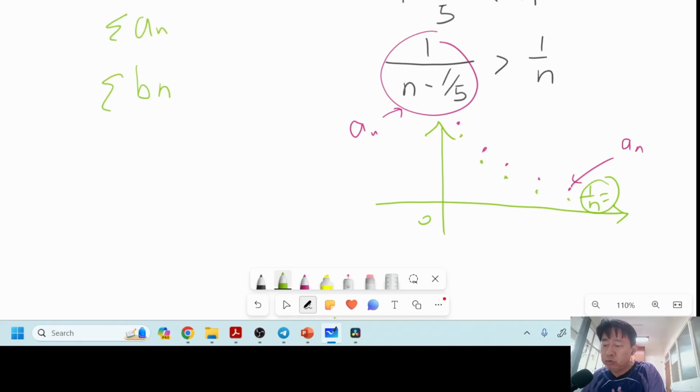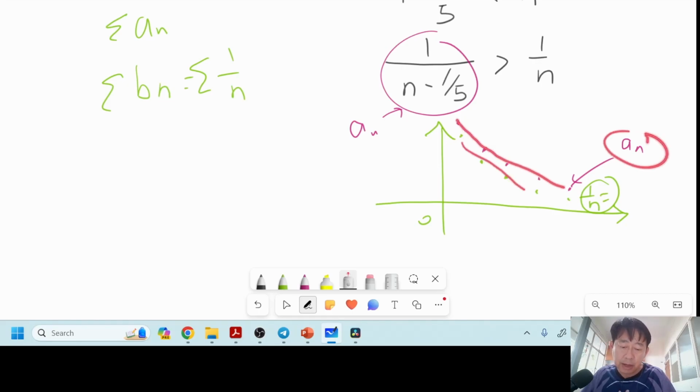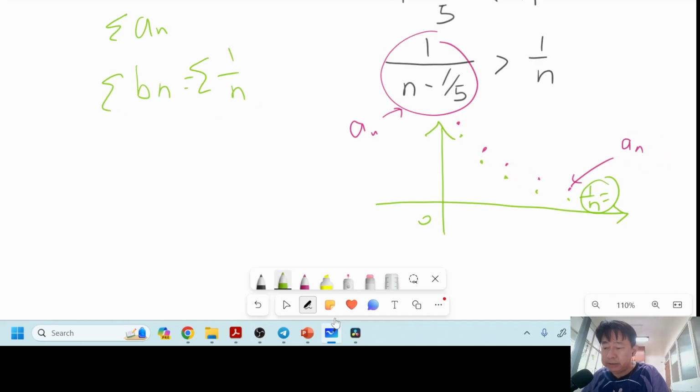Here we will choose the series Bn as the harmonic series, and you can see quite immediately the series An is term by term larger than the harmonic series, and we know that the harmonic series is divergent.